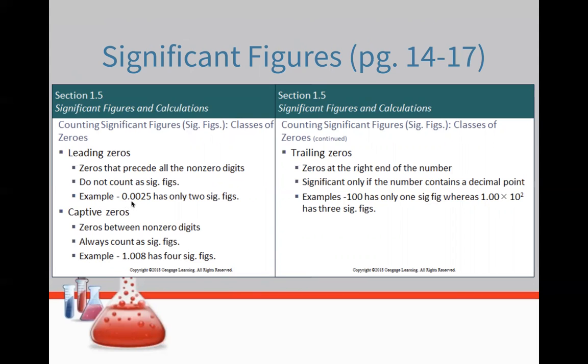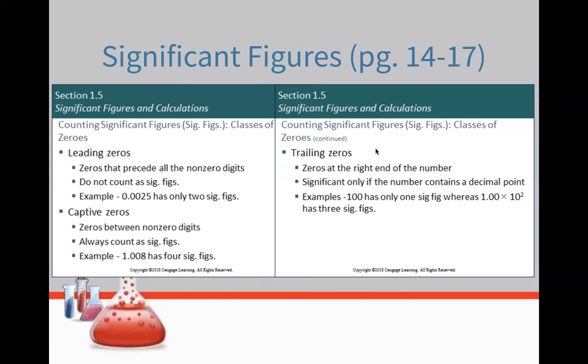As a result, 0.0025 has only 2 significant figures. Captive zeros are always significant. They're trapped between 2 non-zeros, in this case the 1 and the 8. So 1.008, where these zeros are captive and significant, has a total of 4 significant figures.